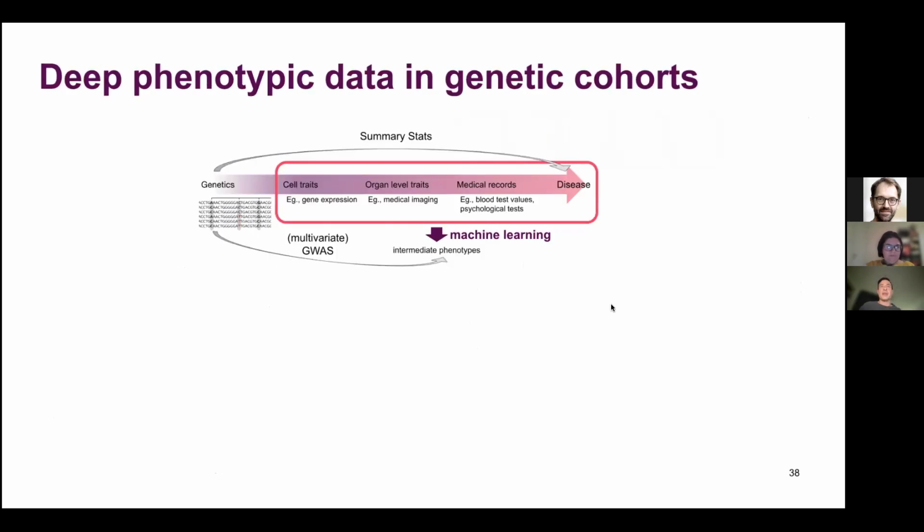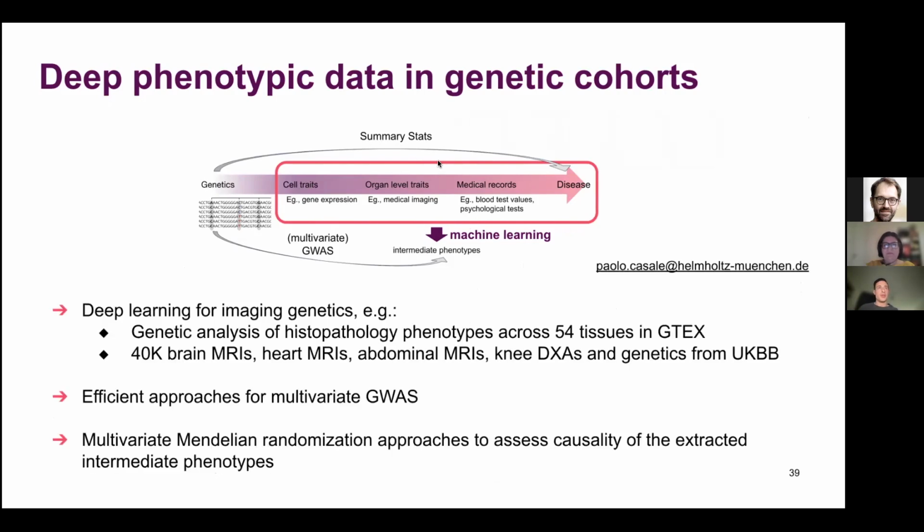And with that, I'd like to go back very briefly to this idea of using machine learning and doing the modeling in this interesting box here and extract intermediate phenotypes, and tell you a little bit about what the lab is working on in this big picture. Of course, we are very interested in this part where we do deep learning for imaging genetics.